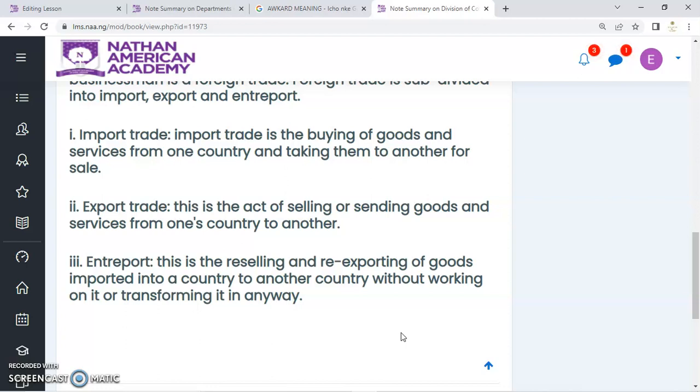And then, having taken this cocoa pod to Ghana, he further sold the same cocoa pod to a trader in America. Then that makes it entreport, because they bought the goods and took it to Ghana, and they further sold it or exported it to another country for sale. So that makes it entreport.